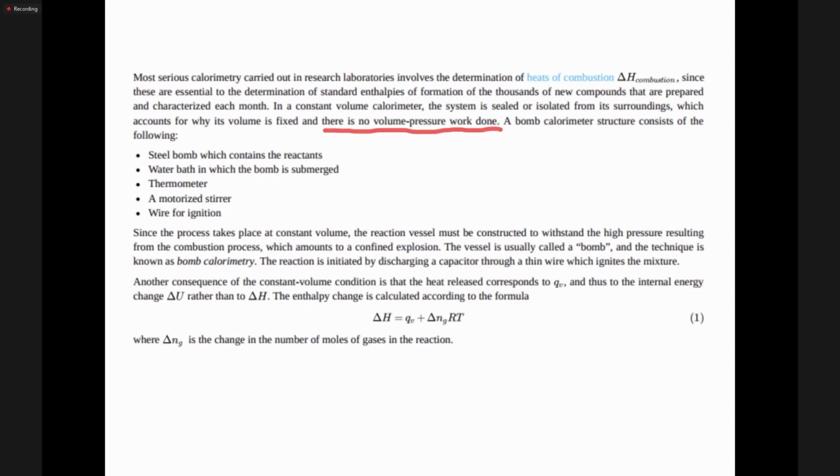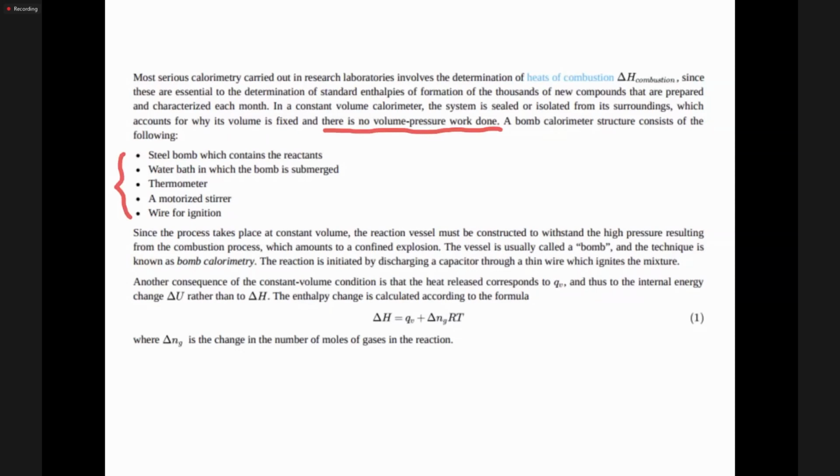So in a bomb calorimeter, there are these 5 components, as I have mentioned. First one is the circular steel bomb, because of which it is termed a bomb calorimeter. A water bath, inside which the bomb is immersed. A thermometer to measure the temperature change. A motorized stirrer, and a wire for ignition.